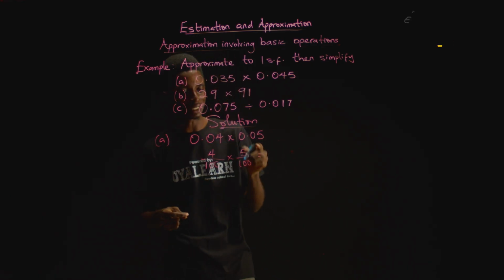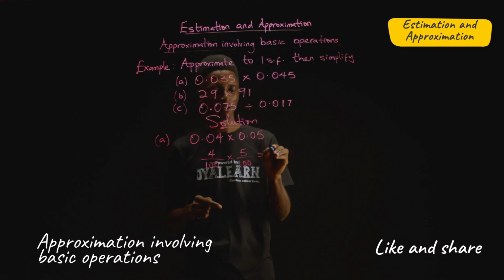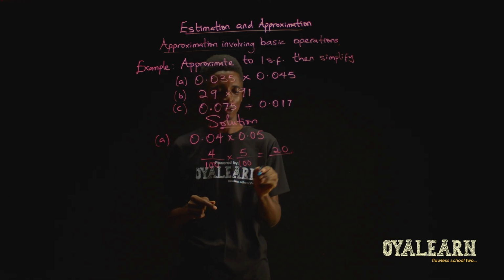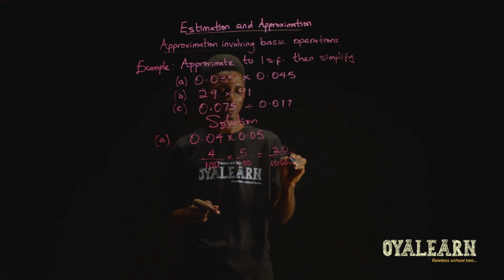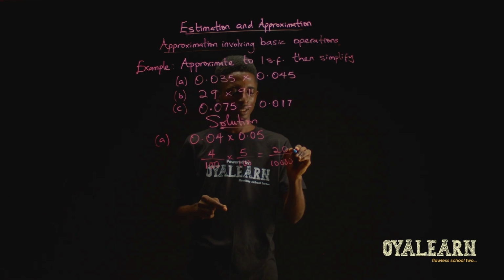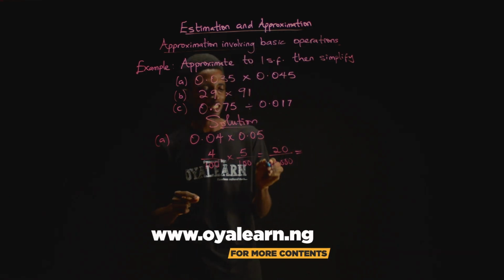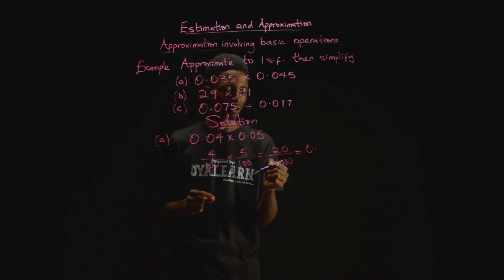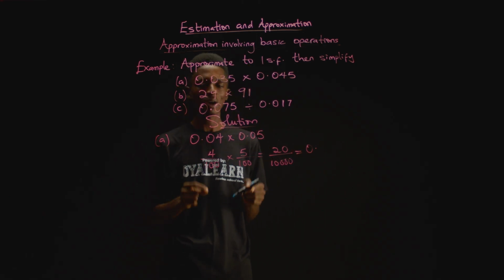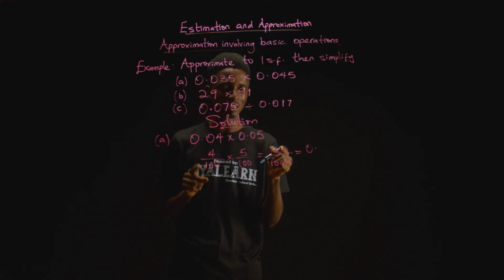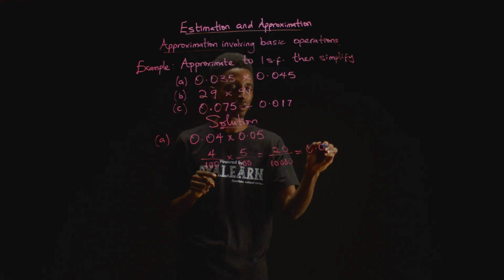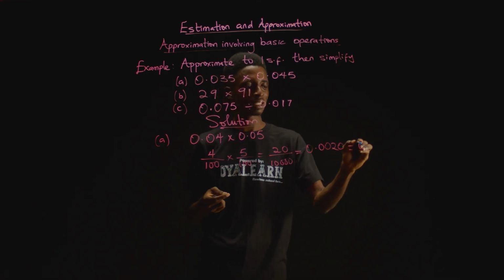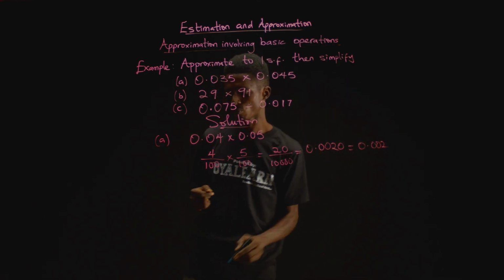When we multiply, 4 times 5 gives 20 over 100 times 100, which is 10,000. Now you can see we have 4 zeros, so out of those 4 digits, we already have 2 digits here. So we'll have 0, 0, then 2, 0. Our answer is simply 0.002.